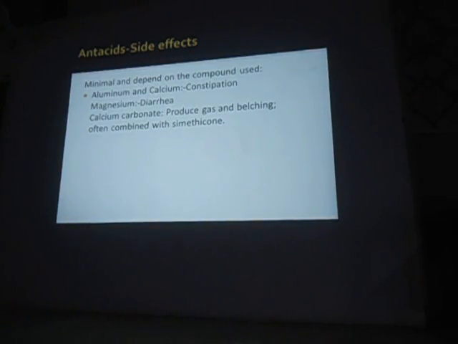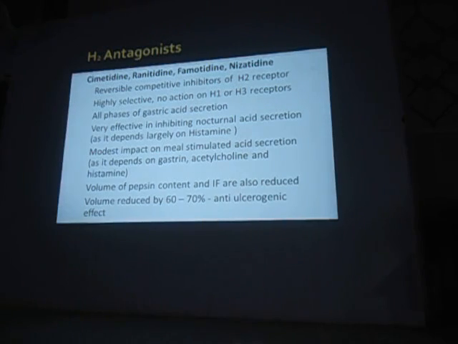So now to the H2 antagonists, you have to know what has happened here. We are acting on the histamine receptors. Just imagine the diagram which you saw in the first slide. We have three components there: gastrin, histamine, and acetylcholine.